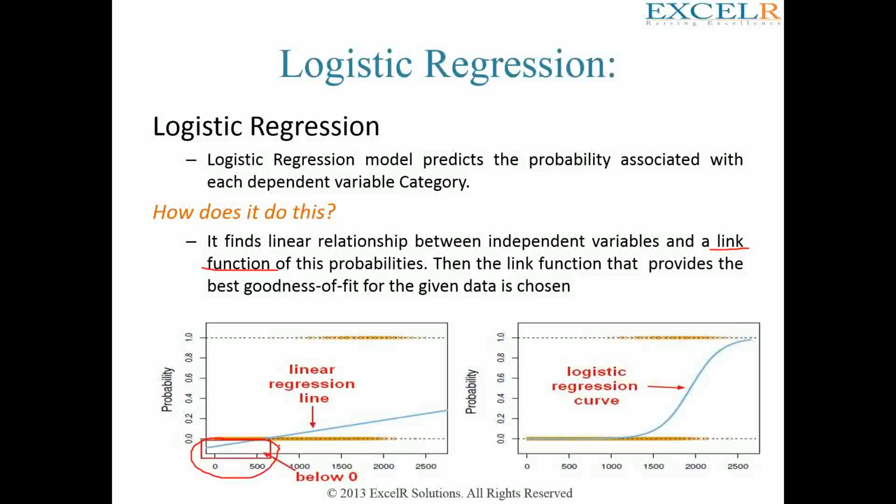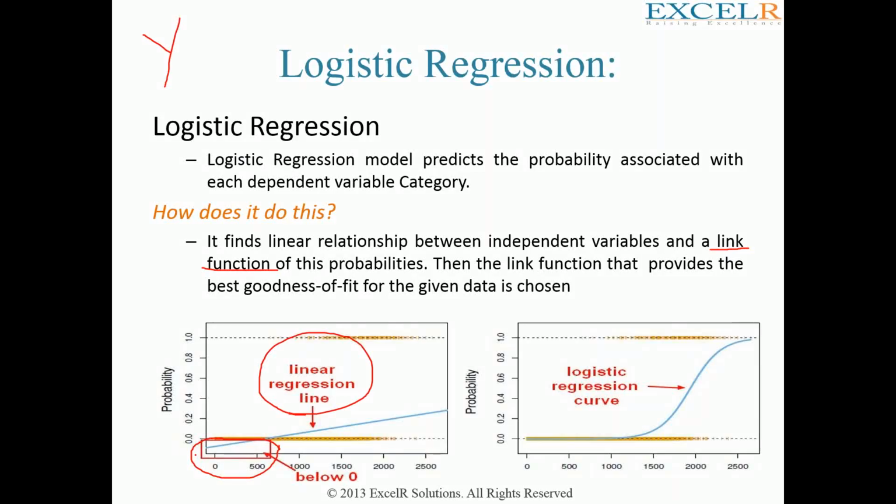If your y is attribute data and we try to do a linear regression, this is the outcome we see: the probability goes below 0.